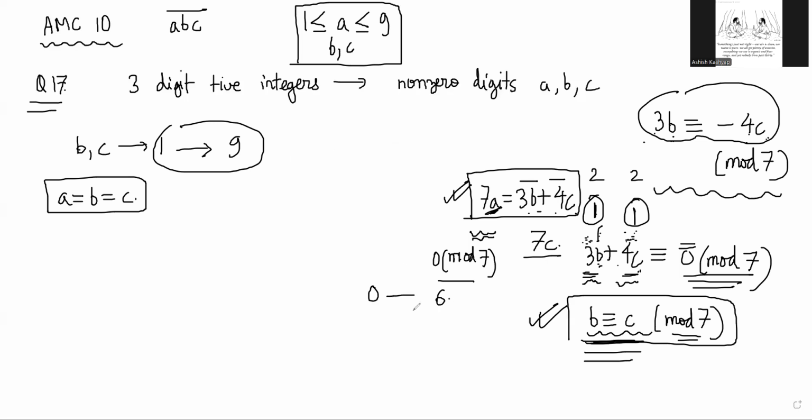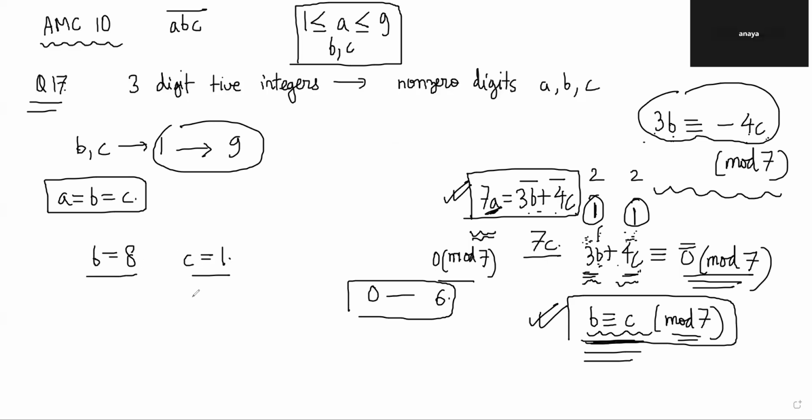These are the remainders that come when you do 7. But you could also have B is 8 and C is 1. Because technically 8 is also 1 mod 7. They don't have to be equal to be congruent, right? So B is 8, C is 1 is possible.